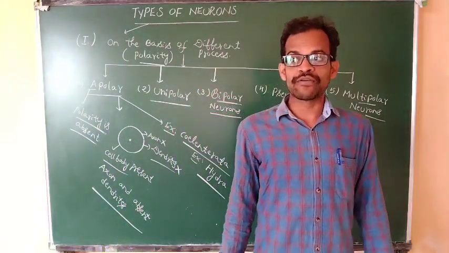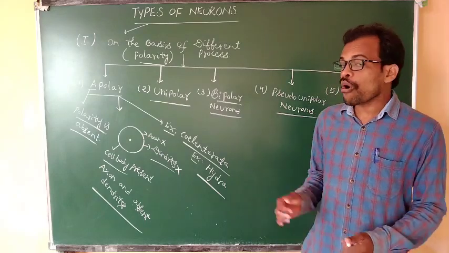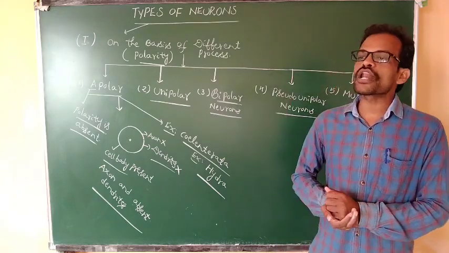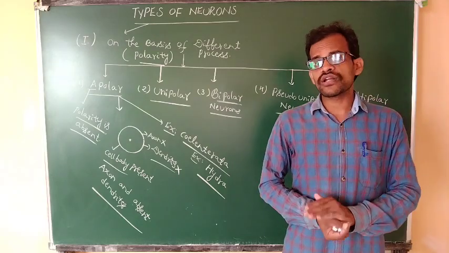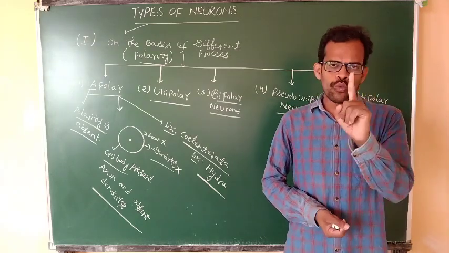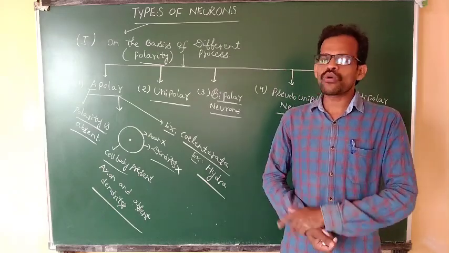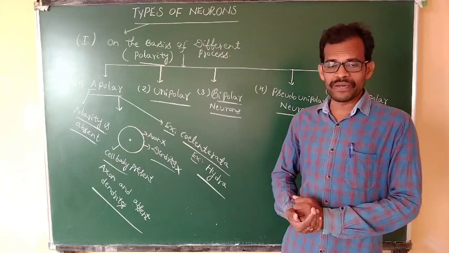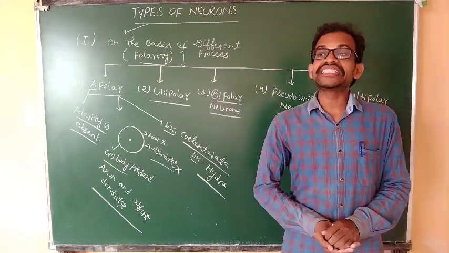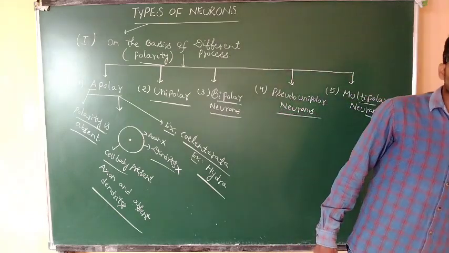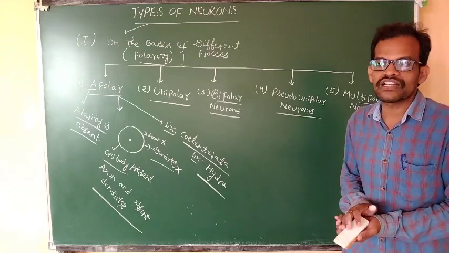Jellyfish, sea anemones, sea pen, and sea fan are all examples for the apolar neurons. Apolar means axon is absent, dendrite is absent, only the cell body, no process, no polarities. This type of neuron you can observe in the phylum Cnidaria. The best example is Hydra.